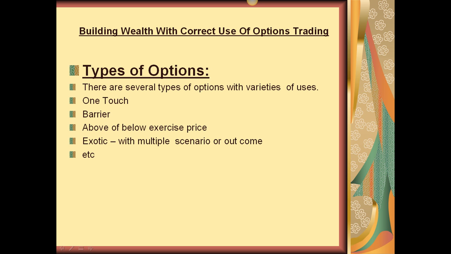And these are more exotic types with multiple scenarios, where a financial instrument can be organized by some institutions or a bank which will offer different degrees of risk to the investors.